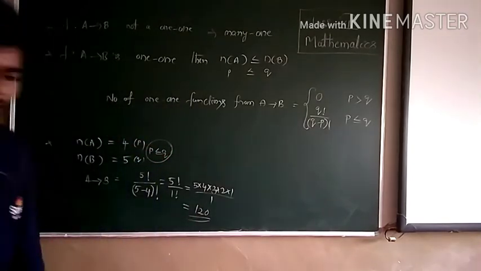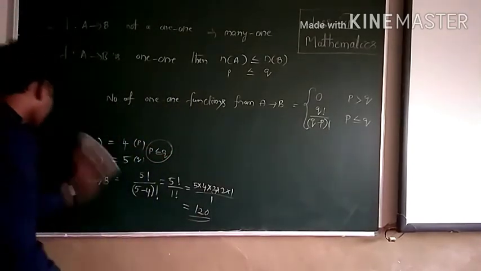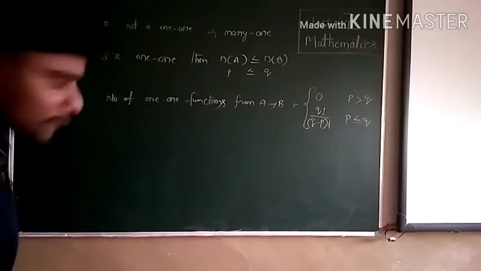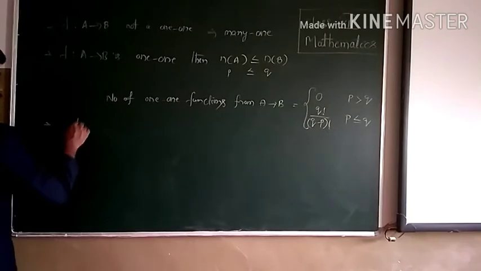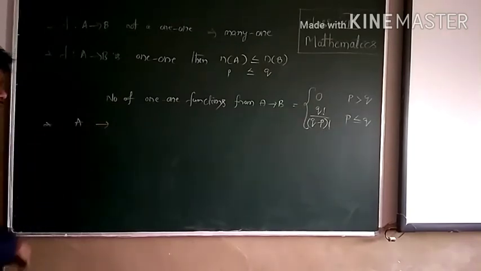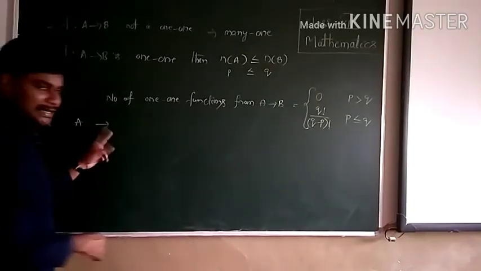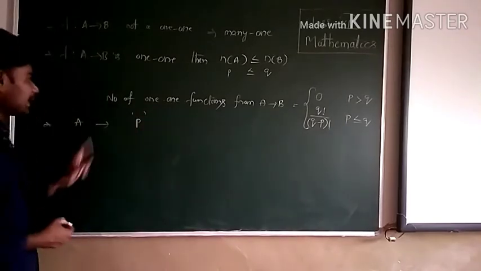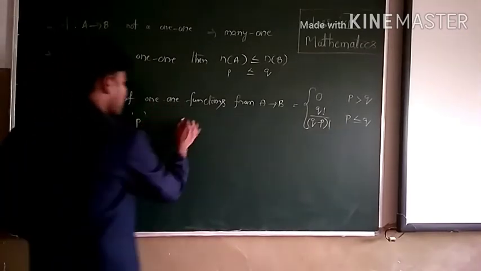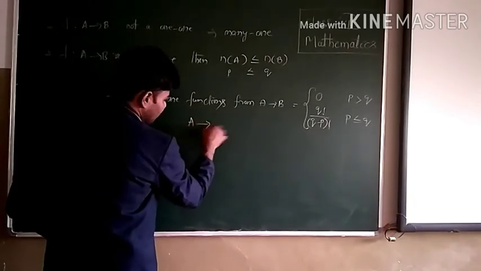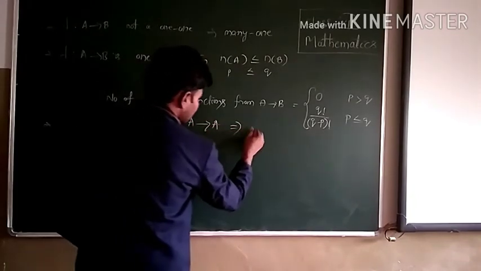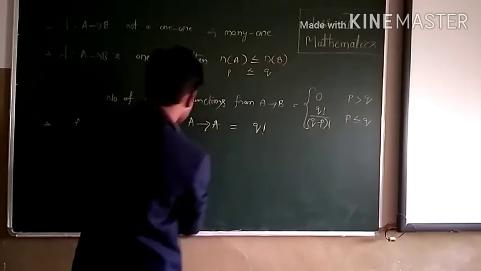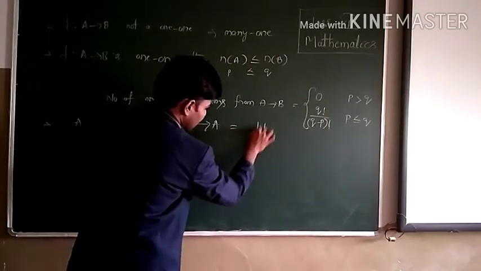Right? So in this way, if set A is a finite set, and the number of elements in set A is p, then the number of one-one functions from A to A is equal to p factorial.